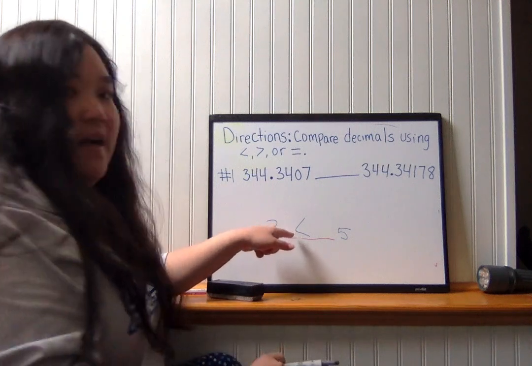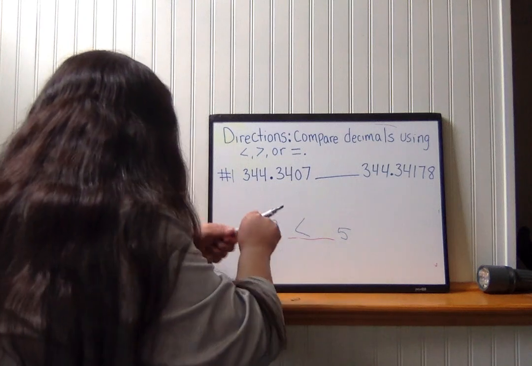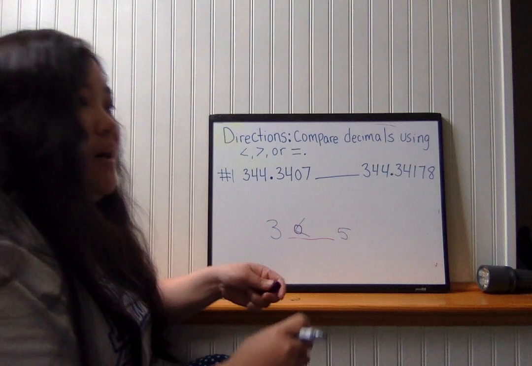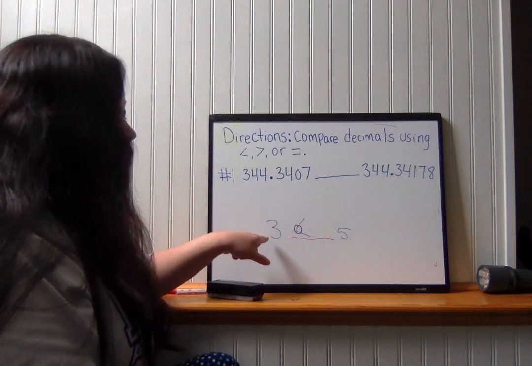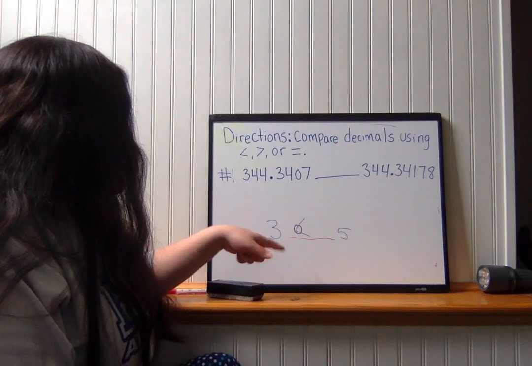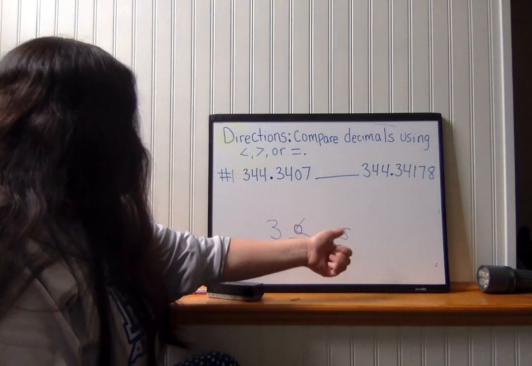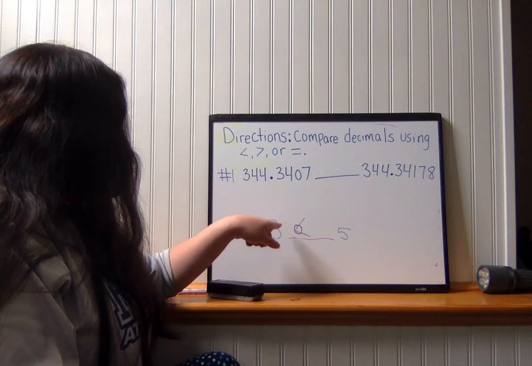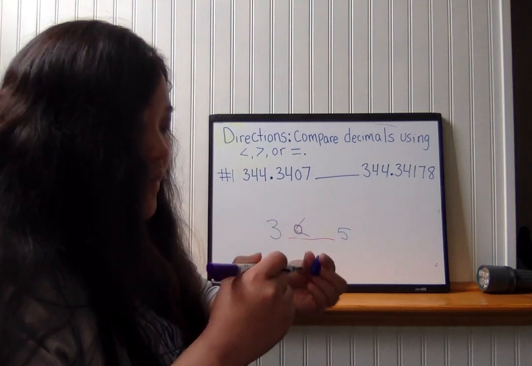And notice the closed part of the sign is facing the smaller number. So this problem is saying 3 is less than 5. That's the less than sign because the smaller number is being faced towards the closed part of the sign.